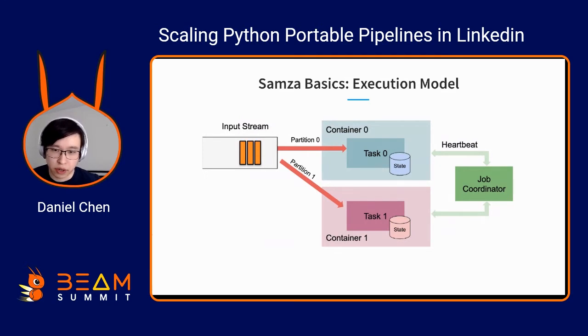A very nice property of Samza is that it's stateful processing. For each task, we have a respective state. The state is very important for many of our use cases. And it is durable, it is backed up, and I'm going to cover a little over the next slide how exactly we're achieving this.